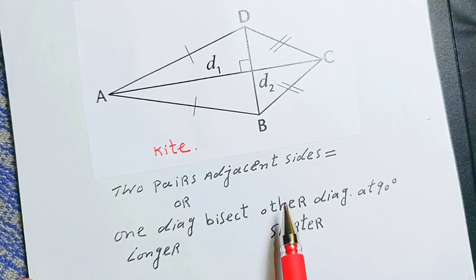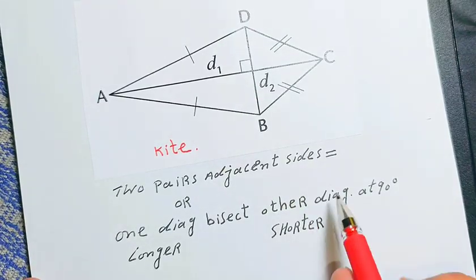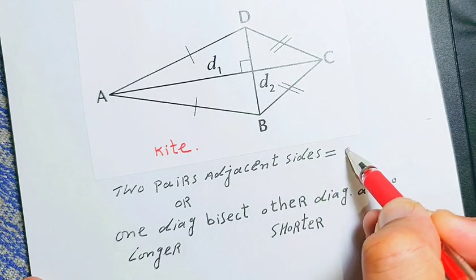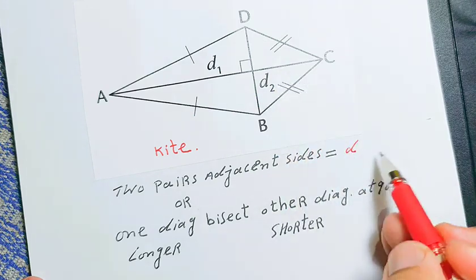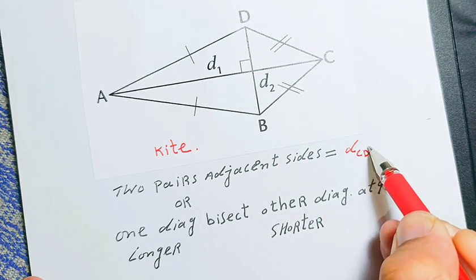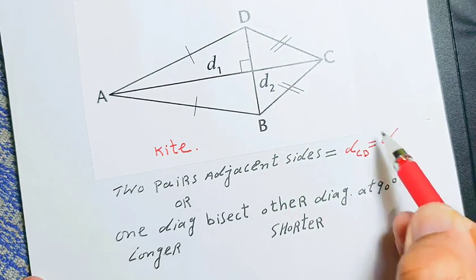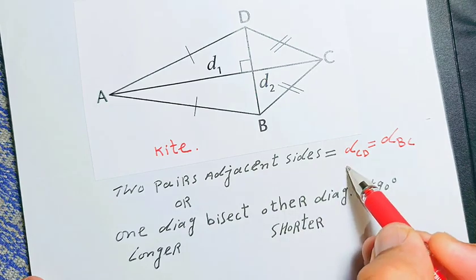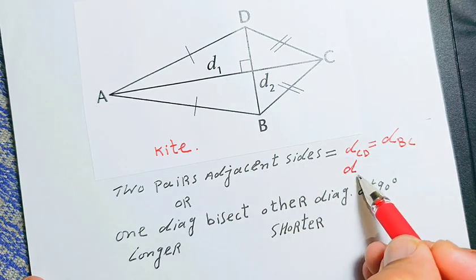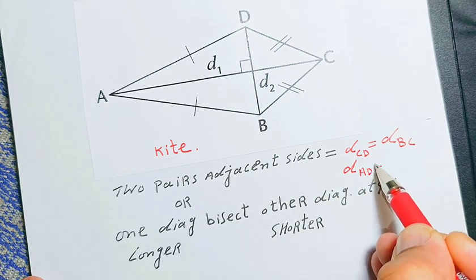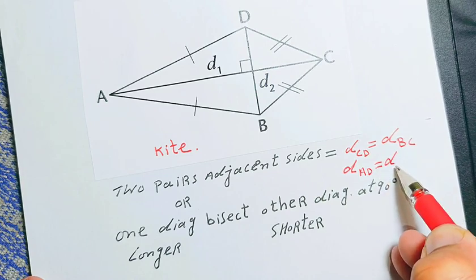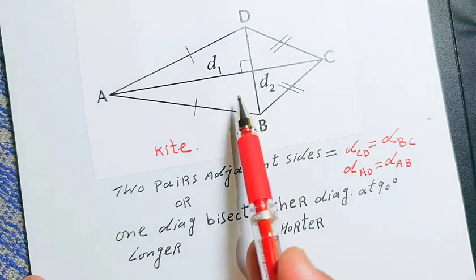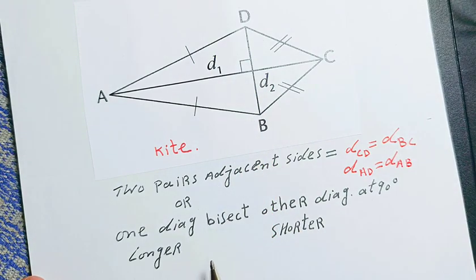So in the first approach, if you want to use it, you're going to say the distance CD must be equal to the distance of BC, and the distance of AD must be equal to the distance of AB, which means both pairs of adjacent sides are equal.